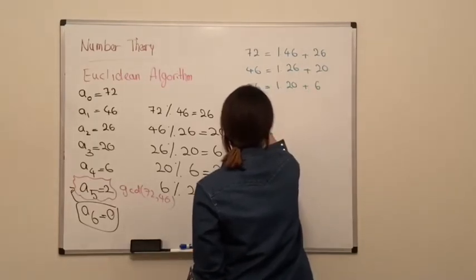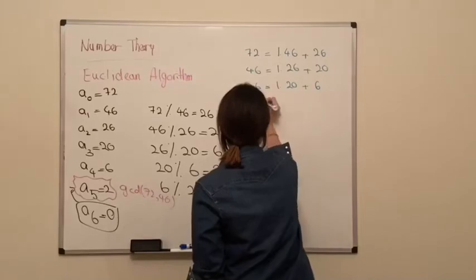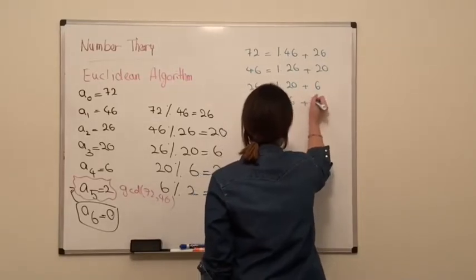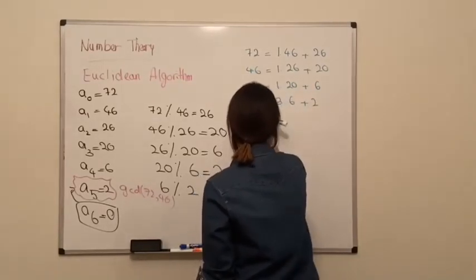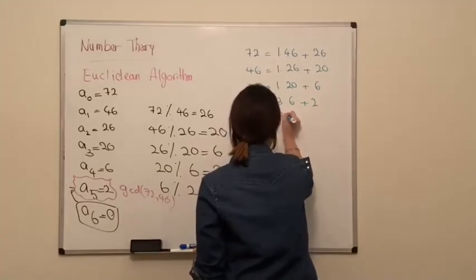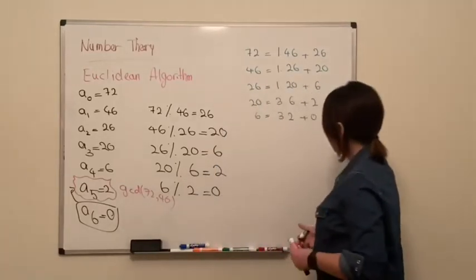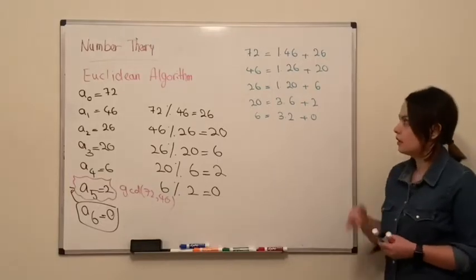And 20 is 3 times 6 plus 2. And finally 6 is equal to 3 times 2 plus 0. Okay, I can rewrite them like this.